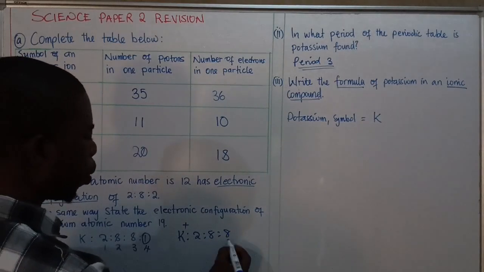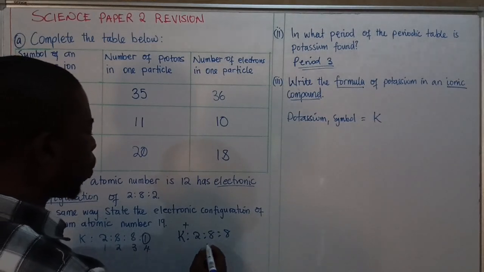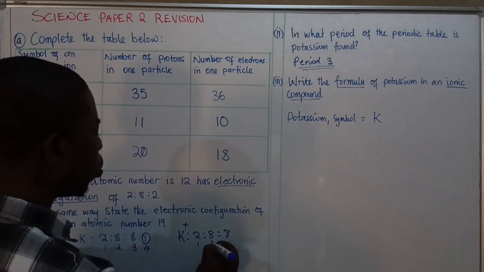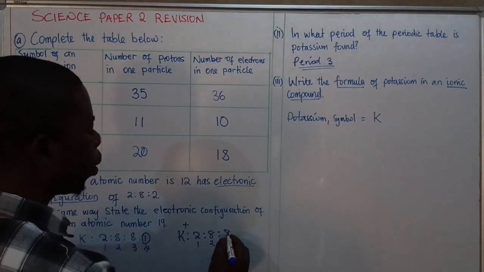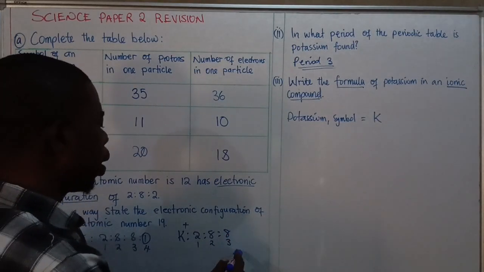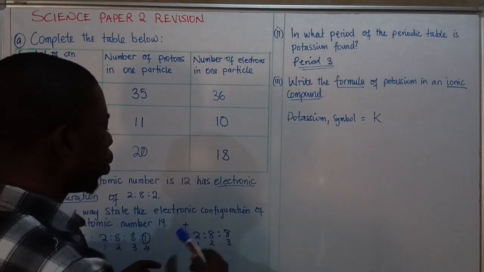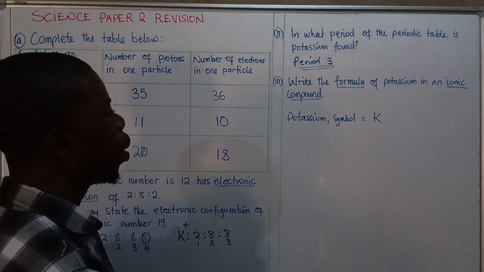This way, potassium has become stable because the last shell, shell number 3, now has the required number of electrons. This is what potassium does whenever it is reacting to form a compound.